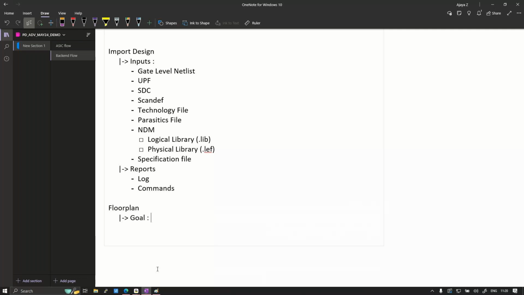So we might need to reiterate this floor plan multiple times to get an effective floor plan. Okay, so your goal is to place the macros properly or effectively. Okay, indirectly it's like minimal utilization has to be performed.